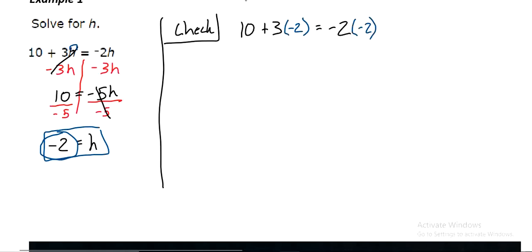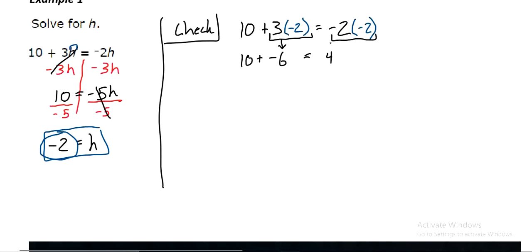Negative 2. Okay, so let's just solve this through now. 10 plus 3 times negative 2 will give me negative 6. Negative 2 times negative 2 over here will give me negative 4. Or no, I'm sorry, positive 4. Uh-oh.